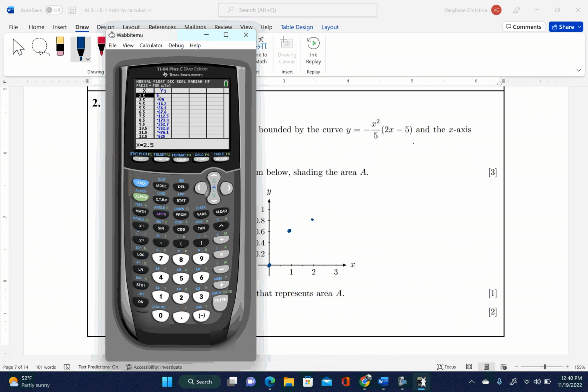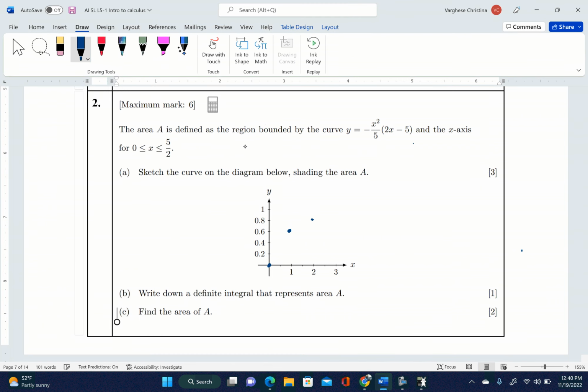So across from 2.5 is 0. Okay, so I'm going to go here to 2.5 and put 0 right there, and then I'm going to connect my dots. And then I'm going to again shade this region right here. So I have done everything for part A. Okay, so write down the definite integral.